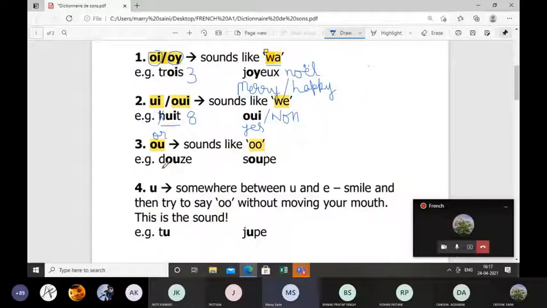For example, douze, again a number, 12. And then here you have soupe, the normal soup that we have in English. So oo sound we need to give whenever you have OU: douze, soupe.